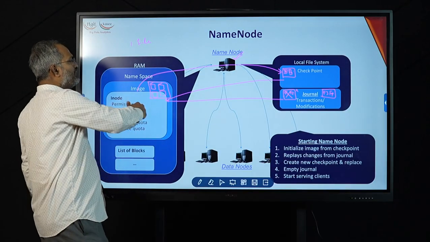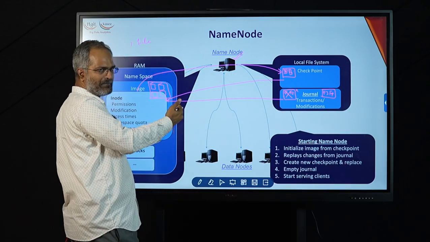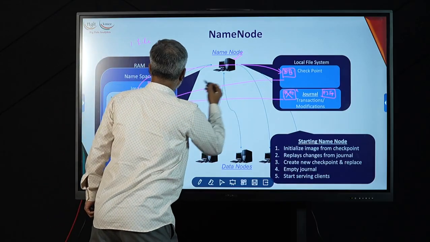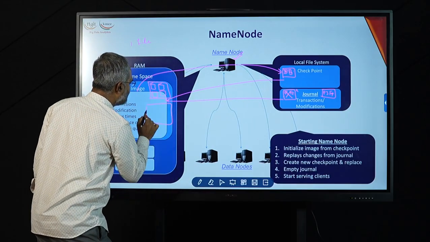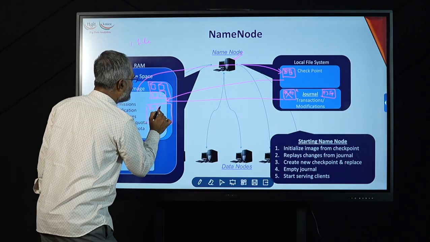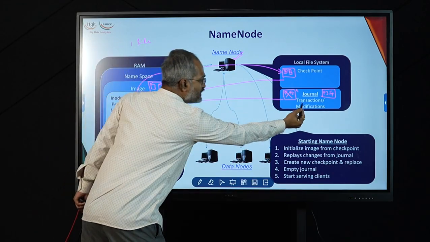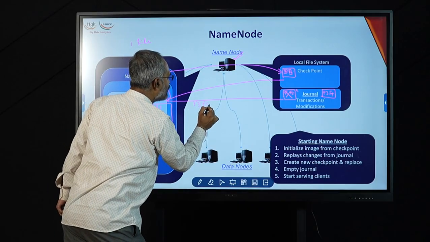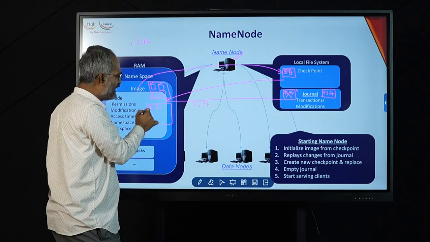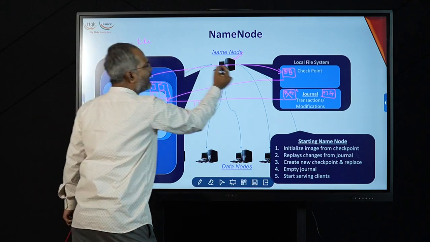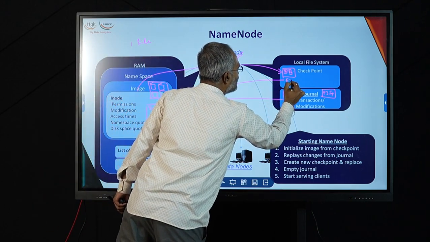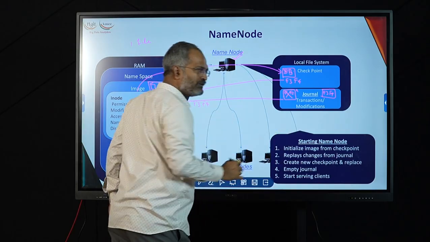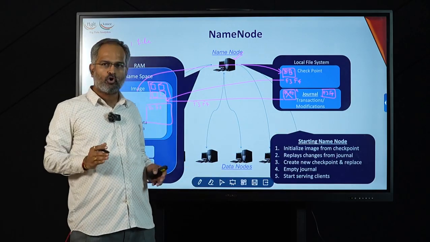If you restart the machine again, F1 and F2 are loaded from the checkpoint, then from the journal F3 and F4 are loaded and replayed, and they will be updated in the checkpoint. Now this is the concept of the NameNode starting.